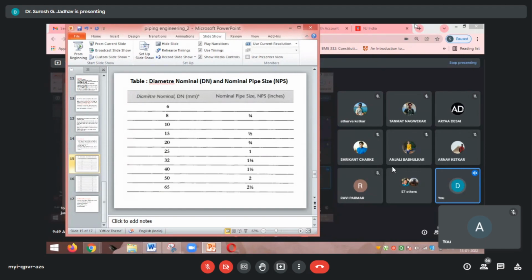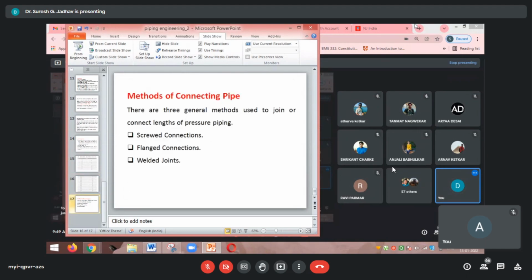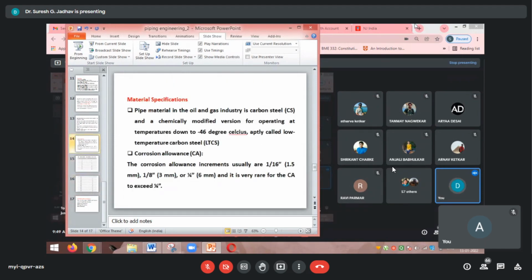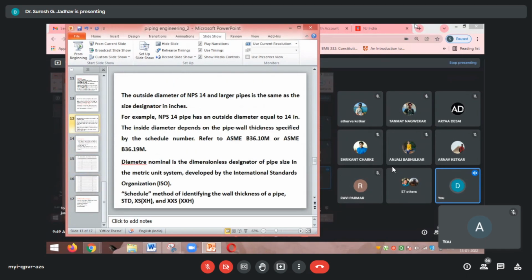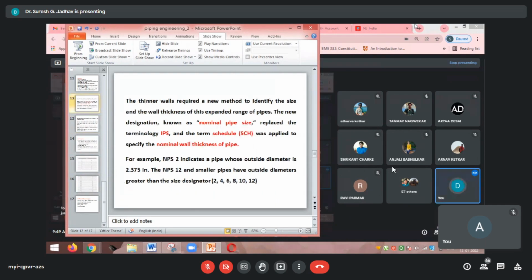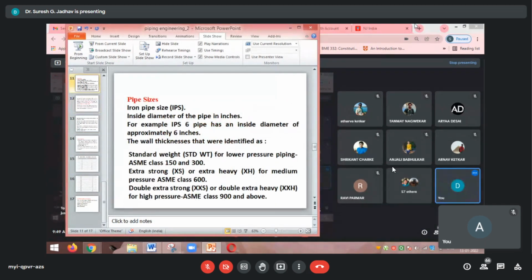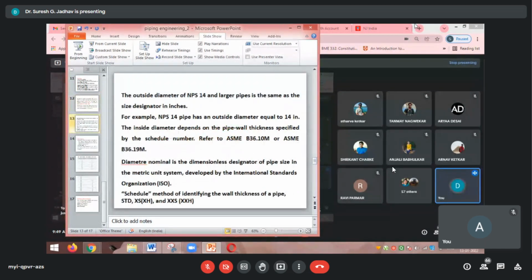And we are using the API, all kinds of materials. Here we use the API class. We consider the different kinds of wall thicknesses as per the designations of the schedule. Based on that schedule, we can consider SCH, which stands for schedule, and the remaining thickness, that is the standard thickness.